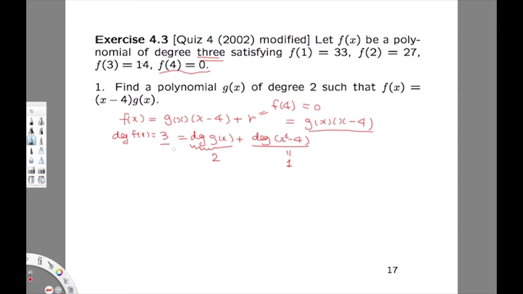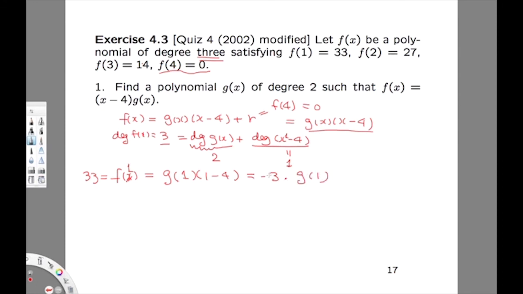Right? Then what can we get? But this has other information. Just consider f of 1. This is equal to 33. Since we know it's g of x times x minus 4, f of 1 is g of 1 times 1 minus 4, which is minus 3 times g of 1.